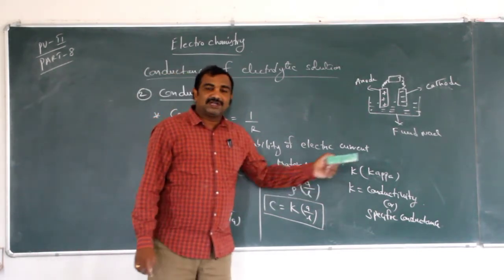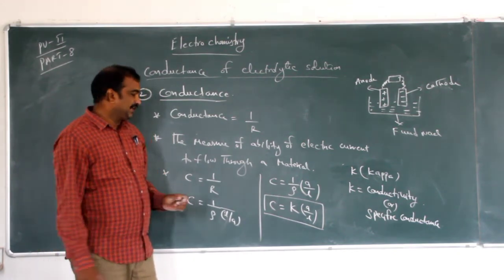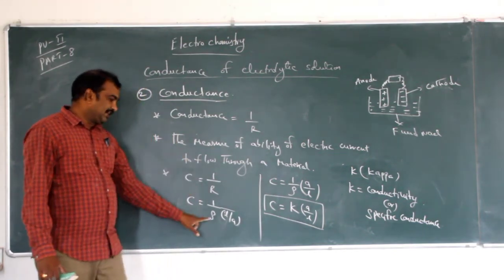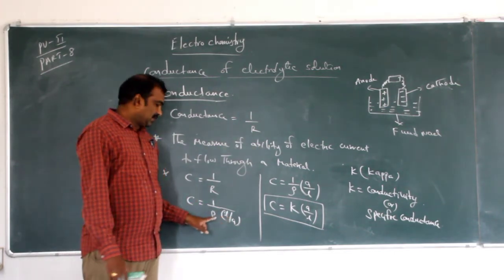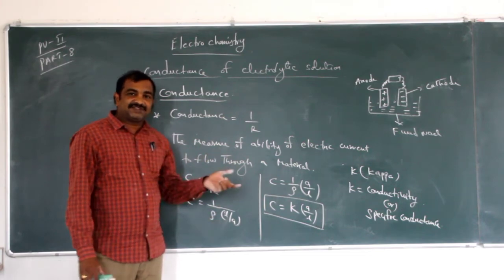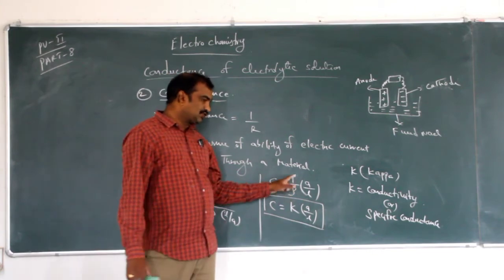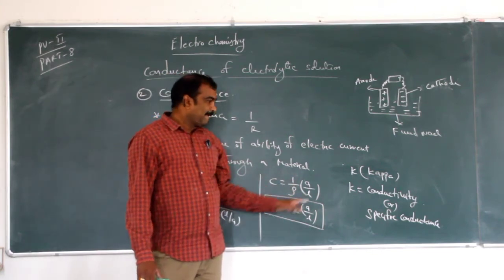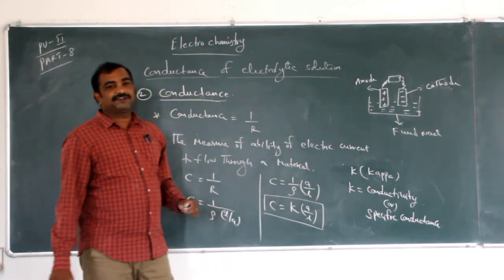K is equal to conductivity or specific conductance. Previously we wrote rho as resistivity or specific resistance. Like that, here also we have this proportionality constant 1 by rho taken as K, kappa. K is equal to conductivity or specific conductance.